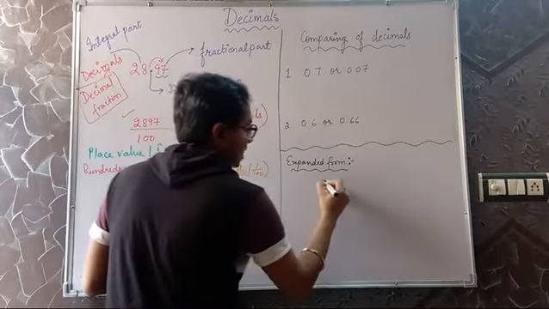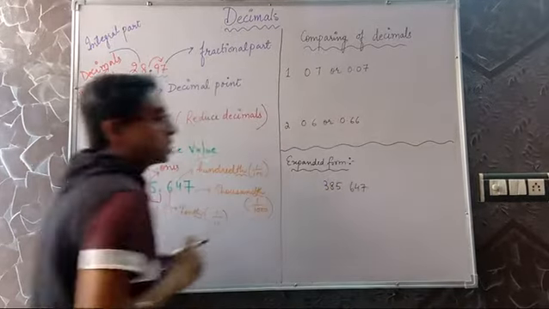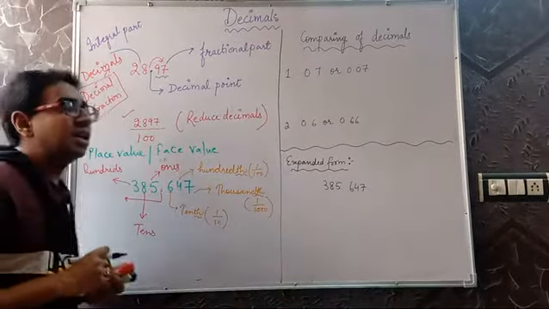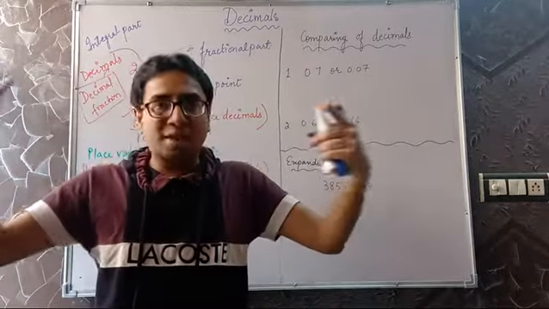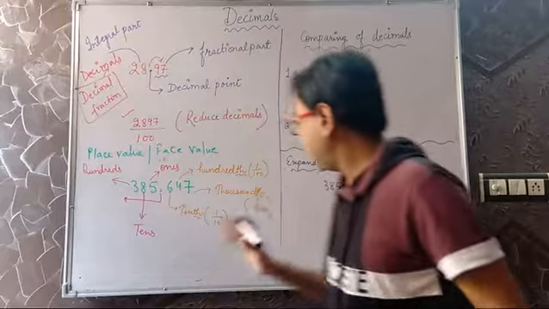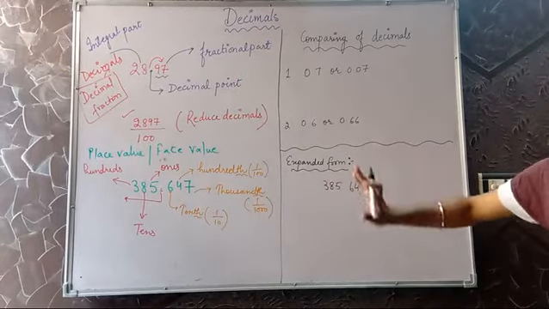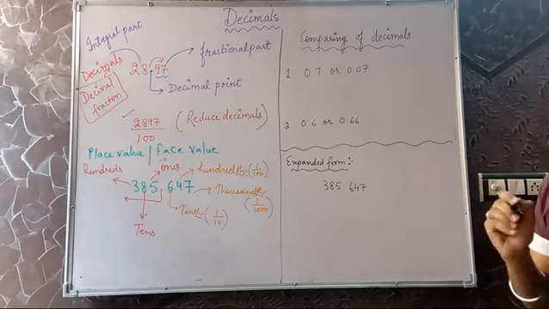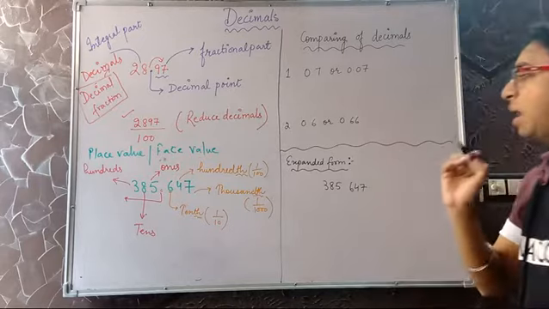Say, if I take this example only, if I have to expand this. Now, what do you mean by expansion? Expansion means to lengthen something. Understand what we do? We multiply the digits with their place value.